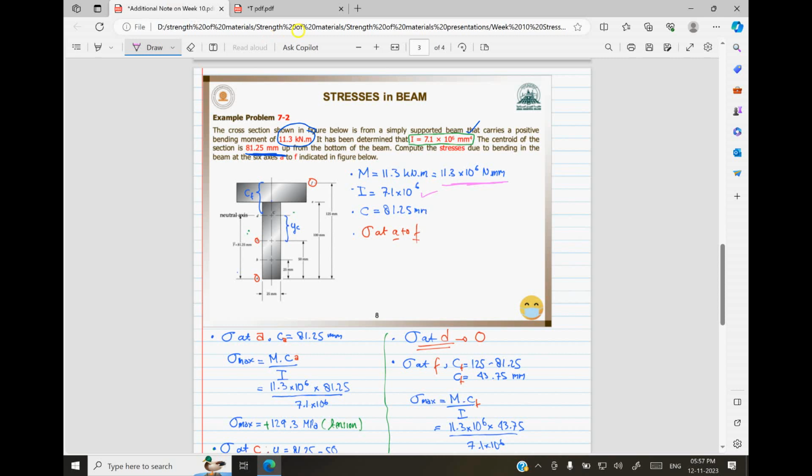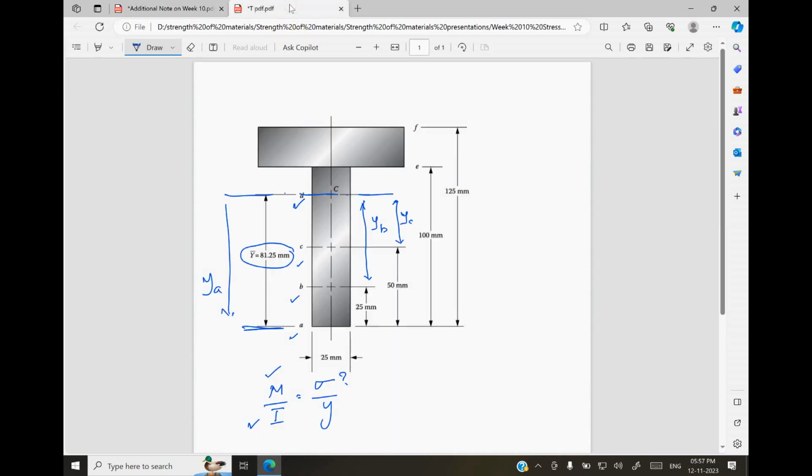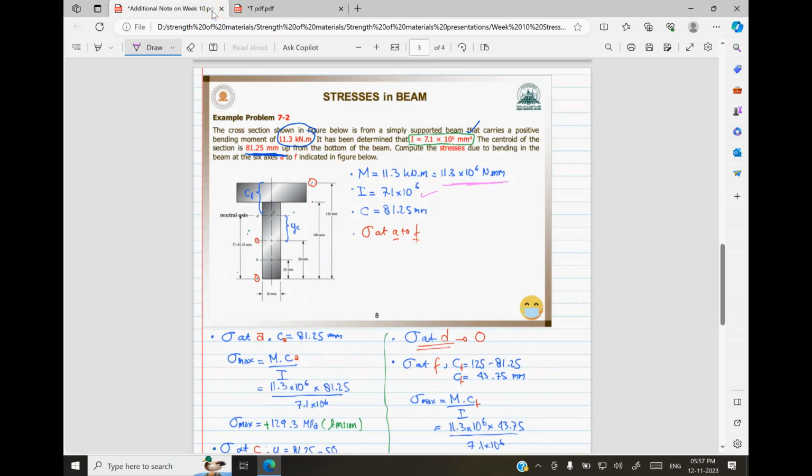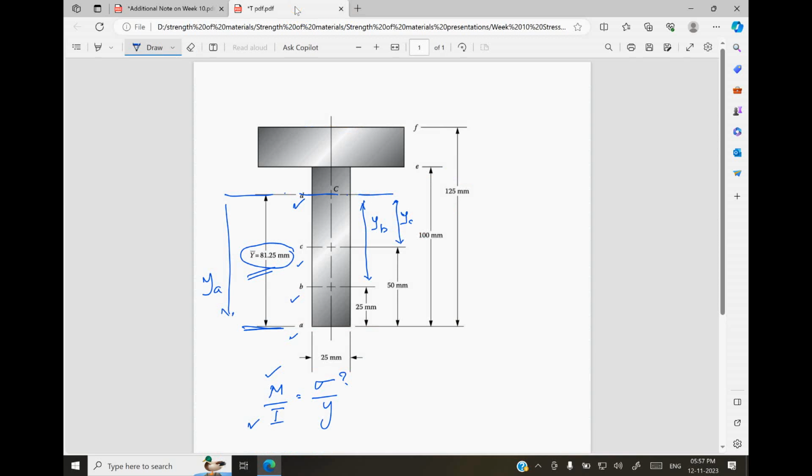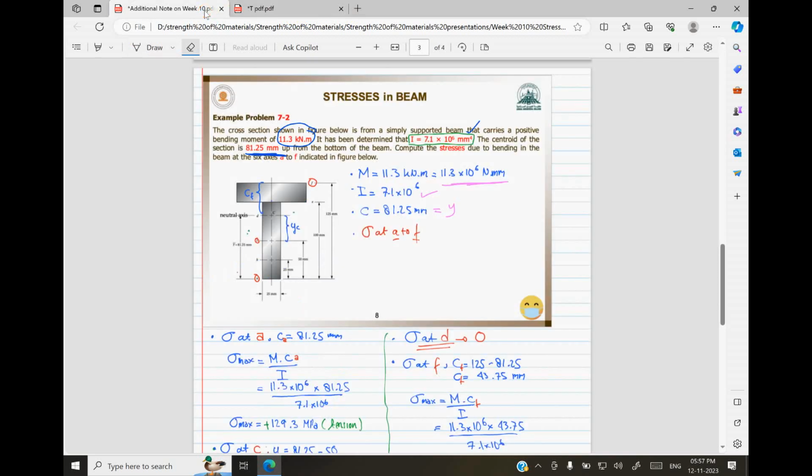Let me just go to this big picture and see. Here, y max is how much? 81.25, is it not? So that 81.25 is there. He is calling it C here. I can also call it y maximum, or you can simply call it y also. Which point is that one? It is called point A, isn't it? So y I will write it.